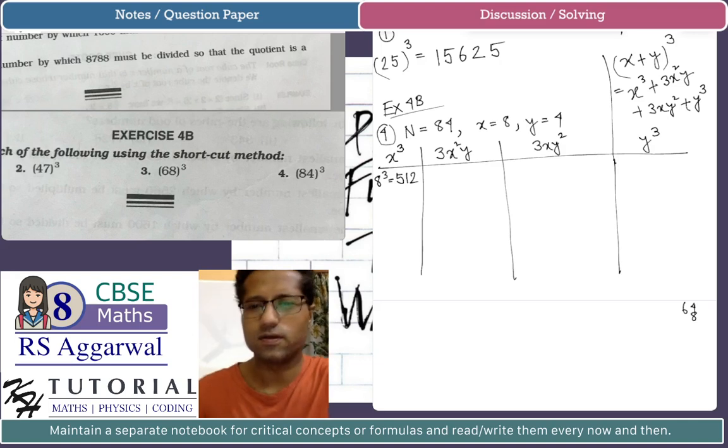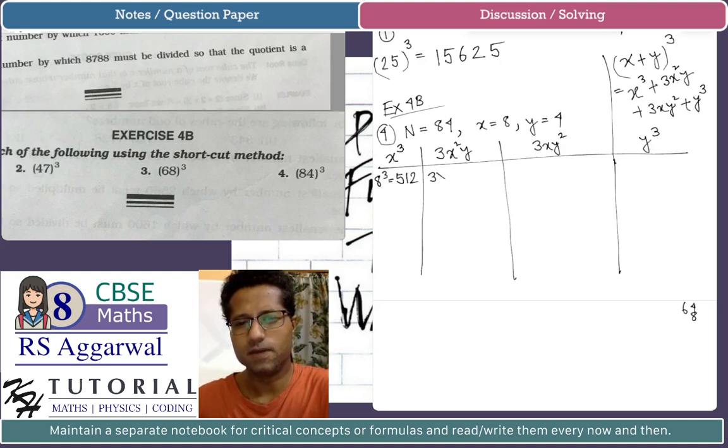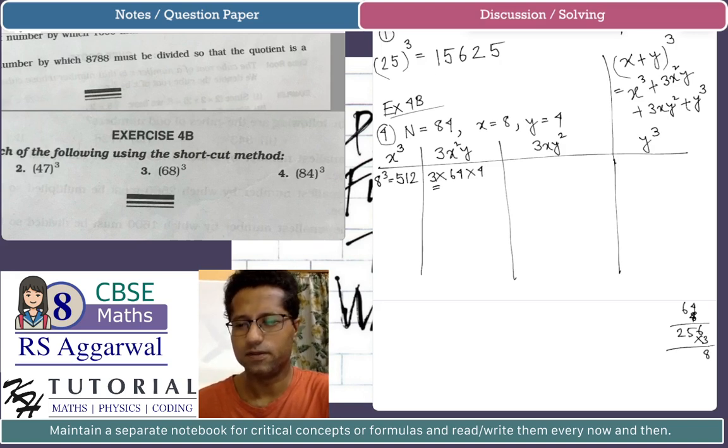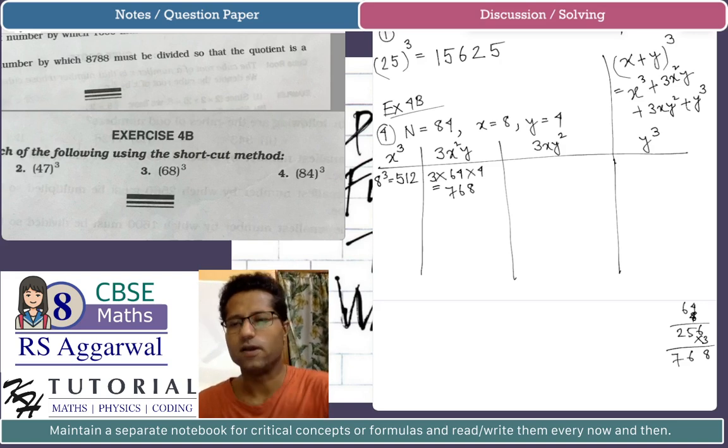What is 3x square y? 3 multiplied by x square, x is 8, so 64, multiplied by 4. 64 multiplied by 4 is 256. And this again multiplied by 3 is 768. So these are the little time consuming calculations that you have to do.